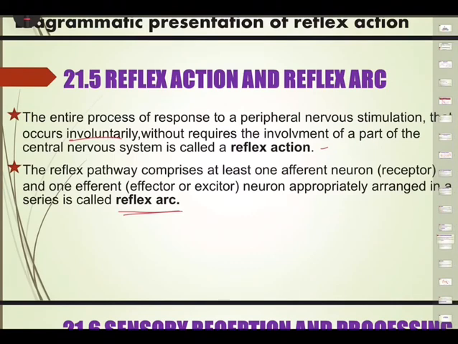These peripheral nerves are of two types. One is cranial nerves, cranial meaning brain.